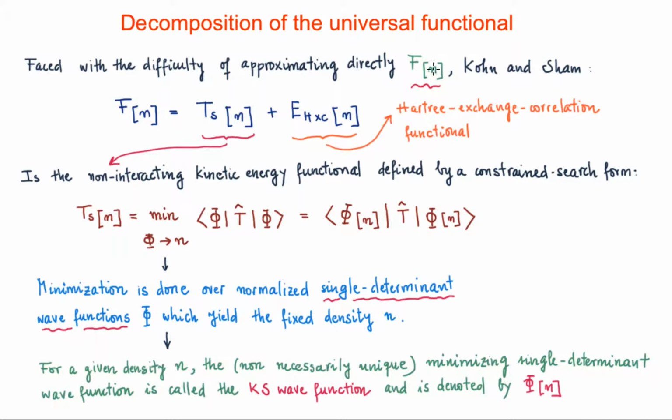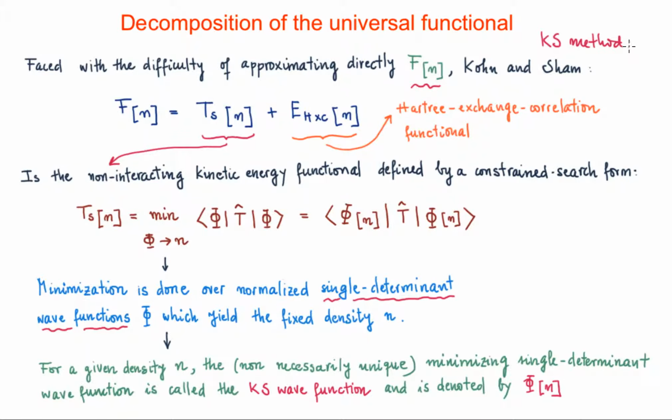So here we're going to see the strategy that Kohn-Sham followed in order to have a good expression for that universal functional, how they decomposed that into different terms. So basically we're going to see the basics of this Kohn-Sham method.